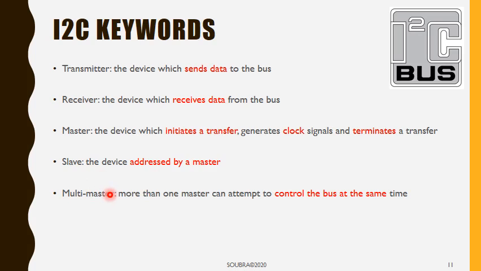The multi-master paradigm means that more than one master is attempting to control the bus at the same time, and we'll see how to deal with that. So this means what? A couple of things should directly come to your mind for that issue. So we need to deal with two different things. What are those? Can you try and imagine them? One of them is to make sure that there's no corruption when it comes to sending the data, right?